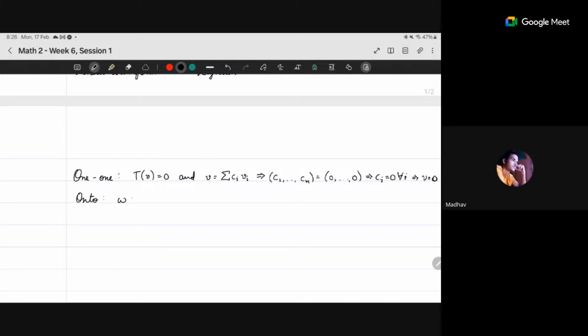If I have a W in Rn, or let me just call it x1, x2, xn in Rn. So when you are going to prove onto, what is it that you have to prove? That every element is picked up by some element. That is, every element is the image of some element. So I pick an arbitrary element in the codomain being Rn in this case.